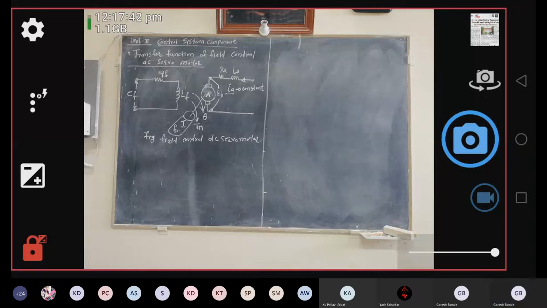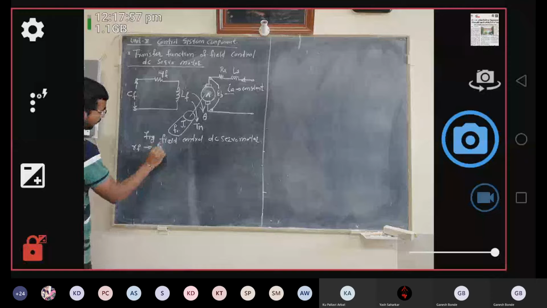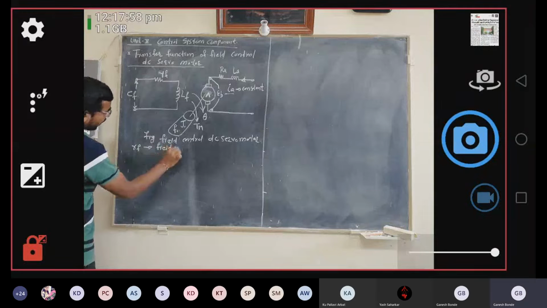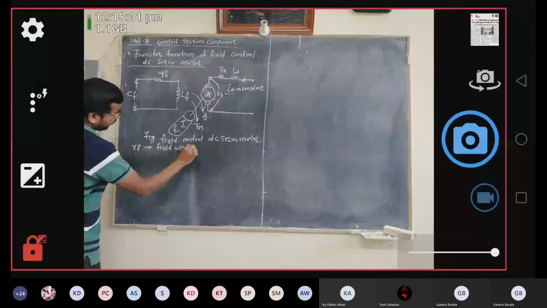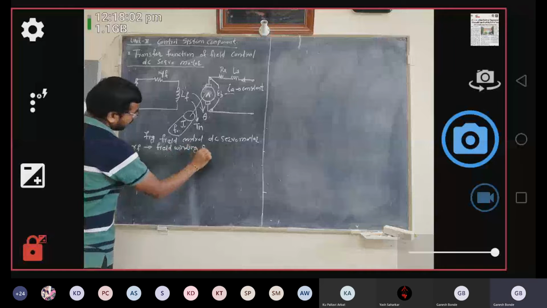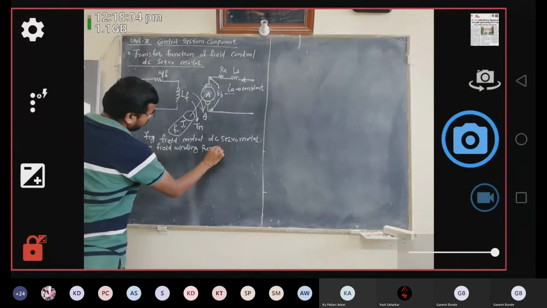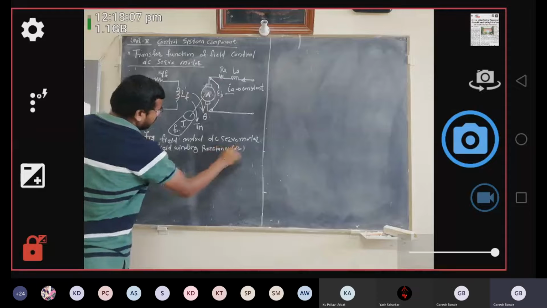Then note down the meaning of each and every term. What do you mean by RF? Write down the meaning of RF: that is field winding resistance, in ohm.